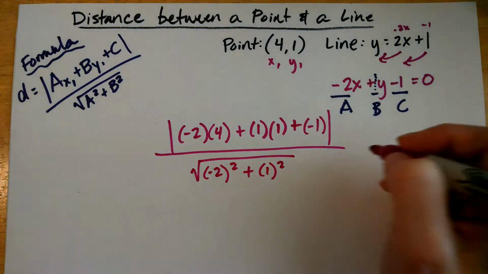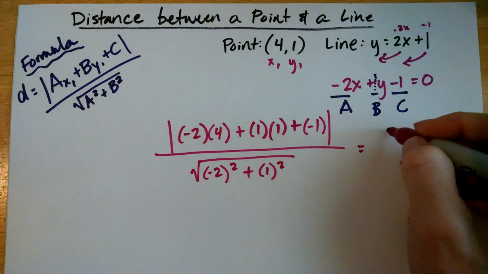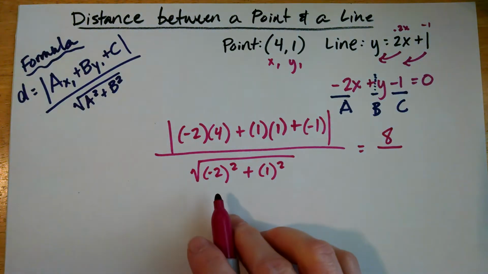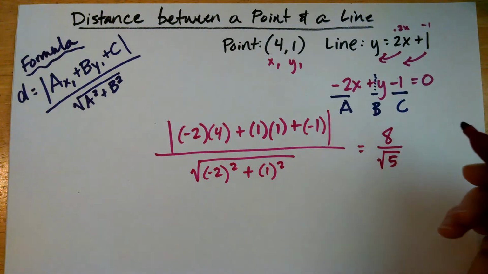Looking good. On the top, we should have something that looks like 8. And over here, we've got 2 squared plus 1, that's the square root of 5.